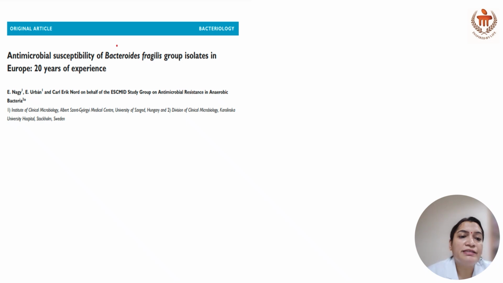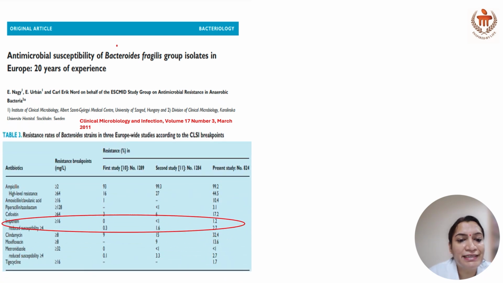A 20-year European study on Bacteroides underscores the silent but steady increase in antimicrobial resistance.